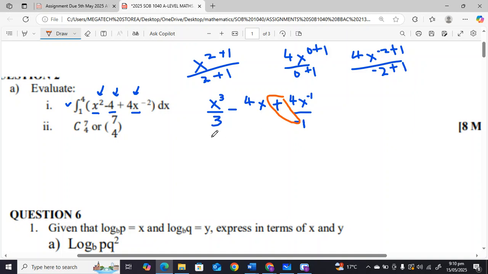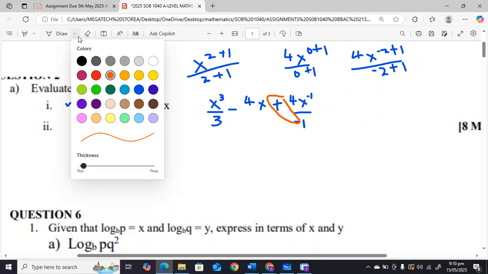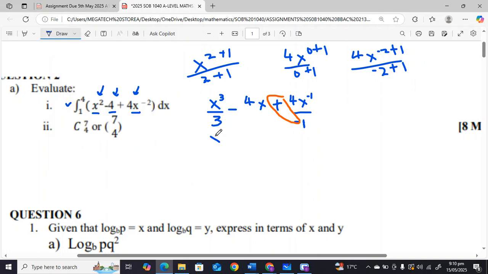Negative. So it becomes now x to the power 3 over 3 minus 4x minus 4 over x. Colleagues, do we know how this 4 over x came about?